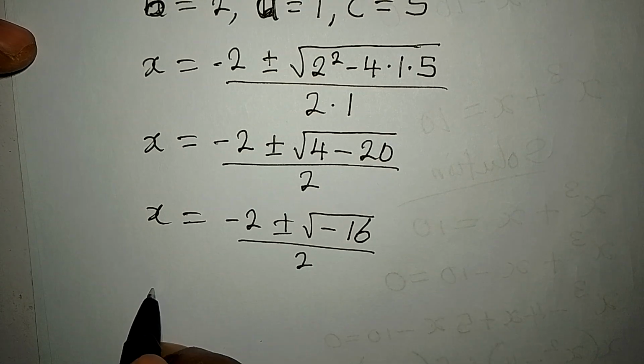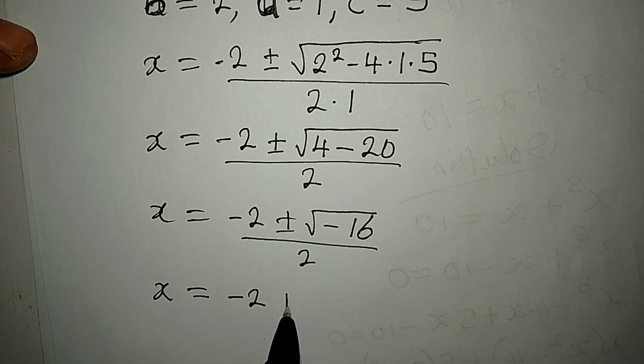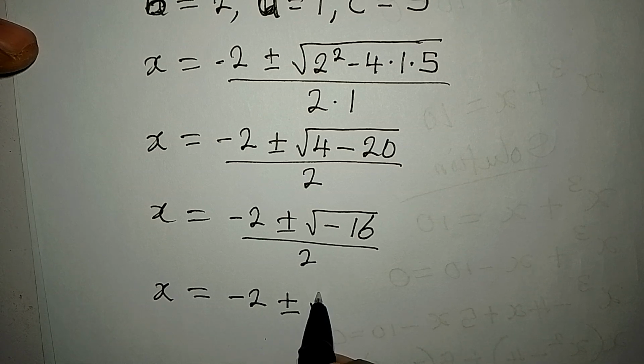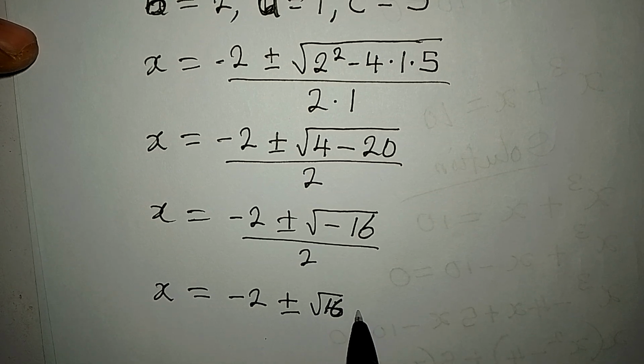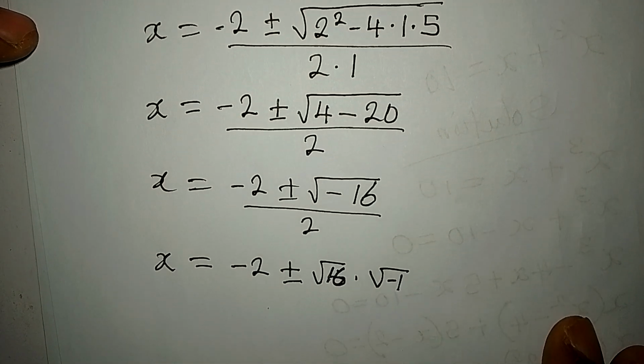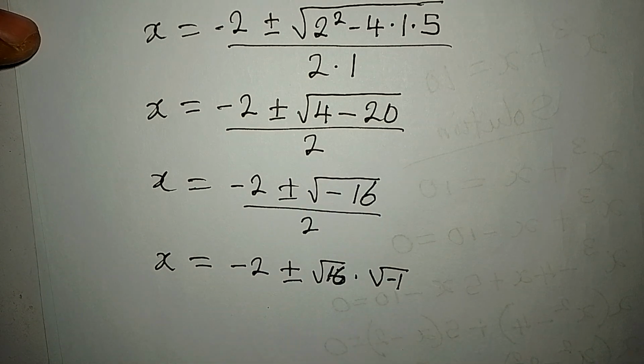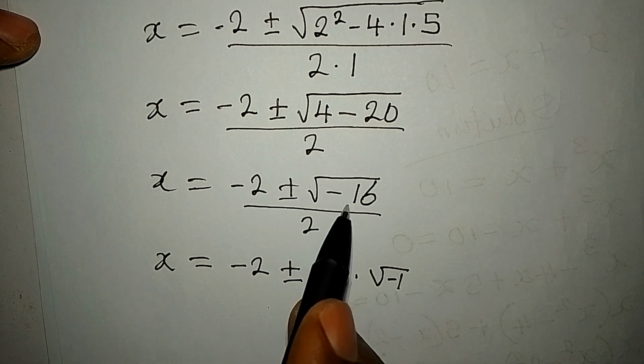Now x from here is equal to minus 2 plus or minus the square root of 16. I'll write 16 first, then multiply by square root of negative 1. What I've done is pick out the negative, since we can't find the square root of negative 16.